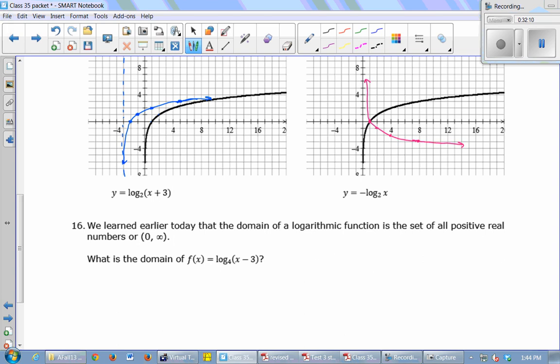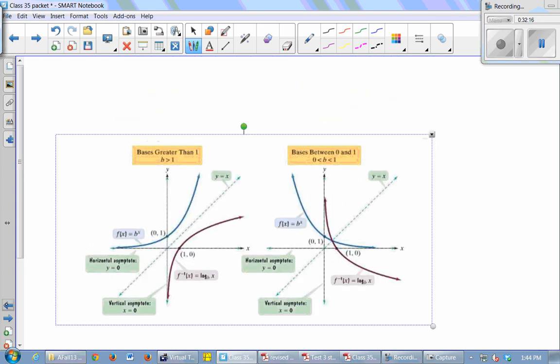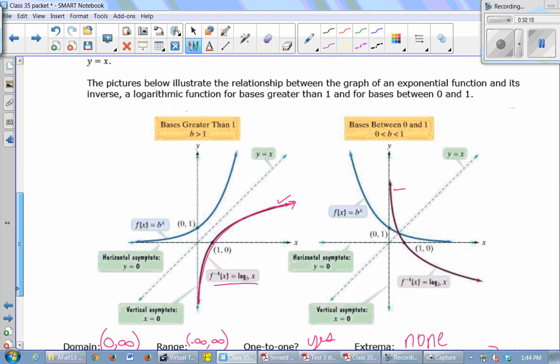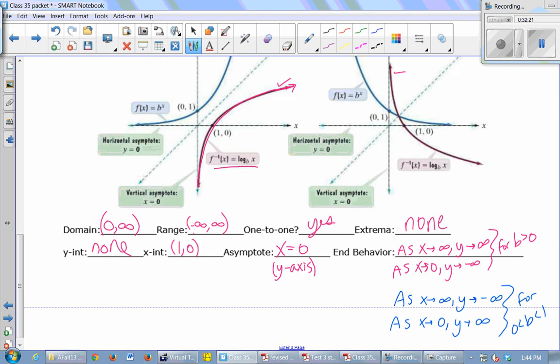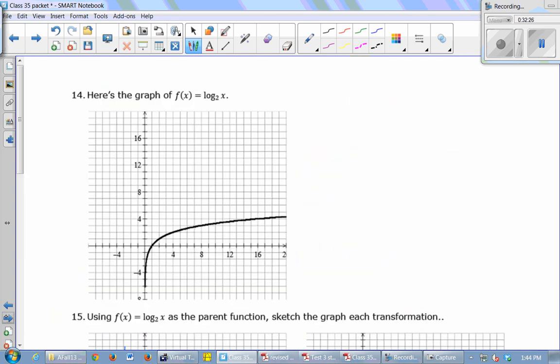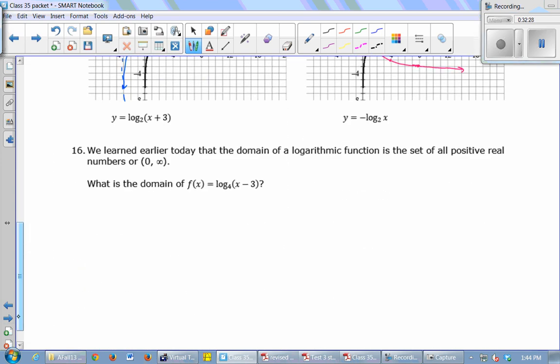All right, so we learned earlier today that the domain of a log function is the set of positive real numbers, or 0 to infinity. We wrote down that the domain is 0 to infinity. Okay, what do you think the domain of log base 4 of x minus 3 is?